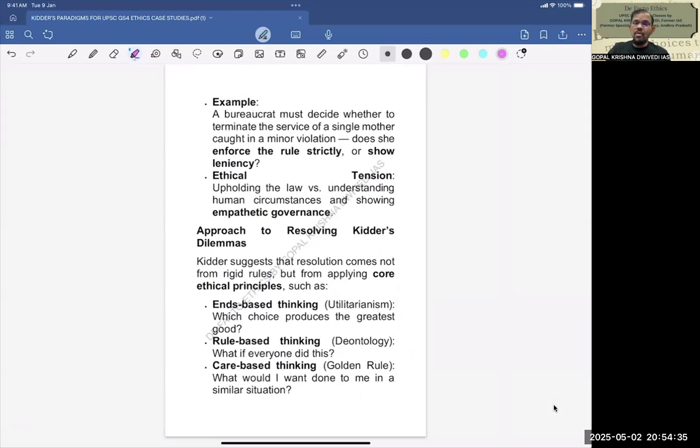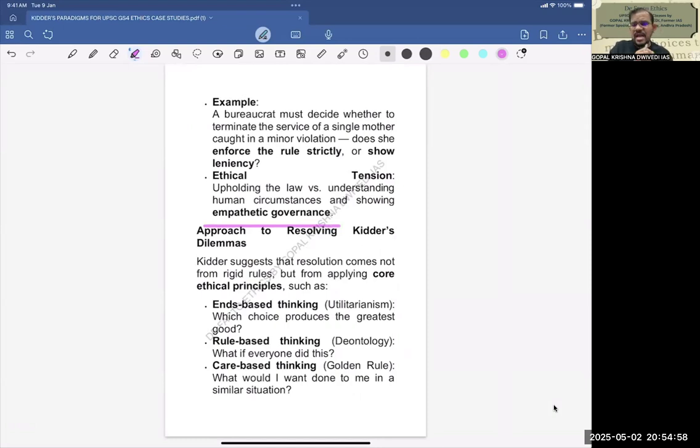Now, you can terminate her service or show some leniency depending on the situation. So here, the ethical issue involved will be upholding the law versus understanding human circumstances and showing empathetic governance. So this again is a dilemma, which is right versus right.